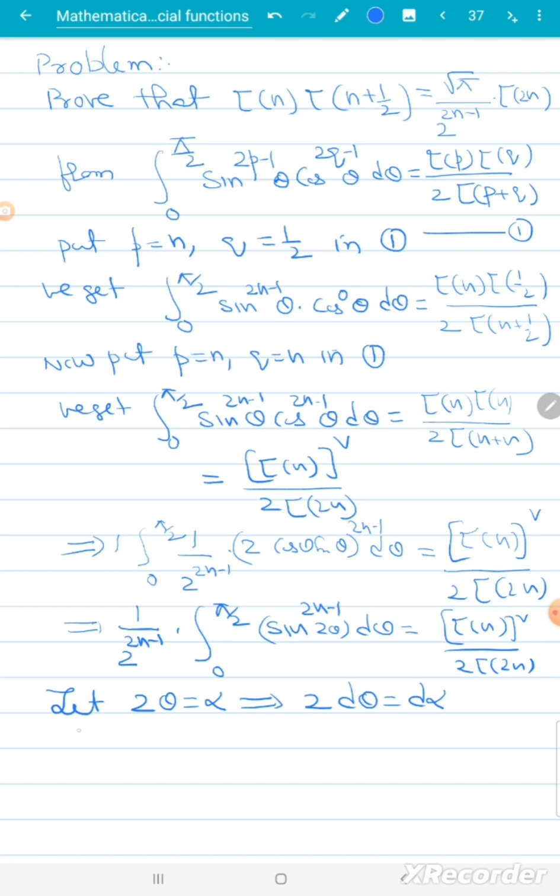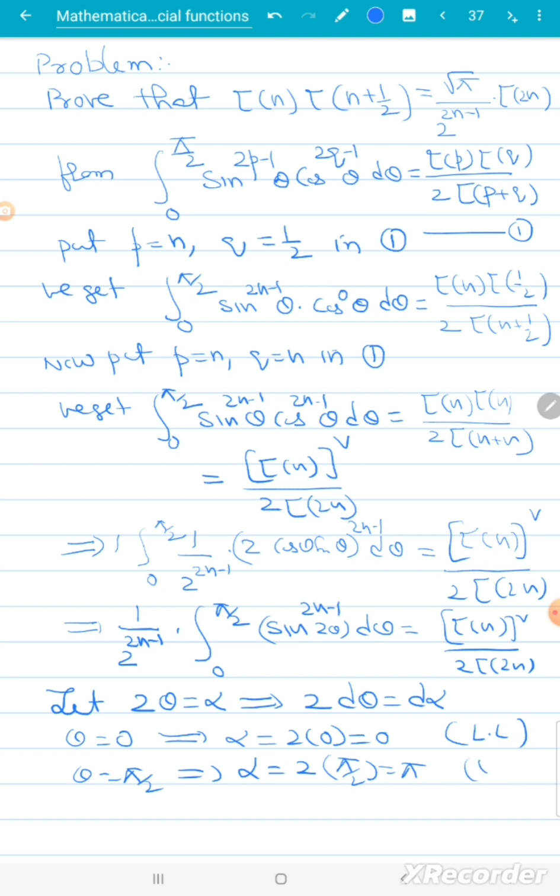When theta equals 0, alpha equals 2 into 0, which is 0. This is the lower limit. When theta equals pi by 2, alpha equals 2 into pi by 2, which is pi. This is the upper limit.